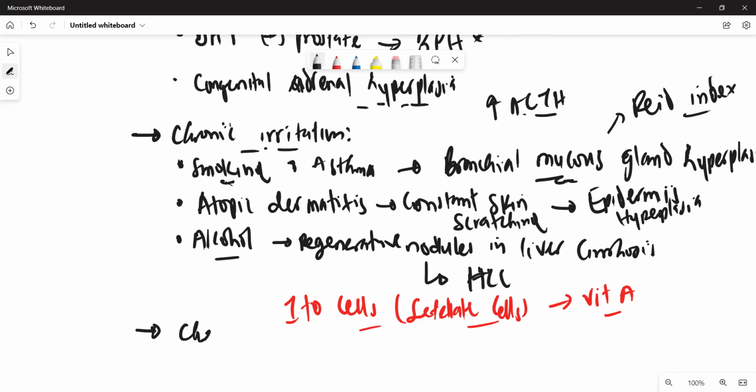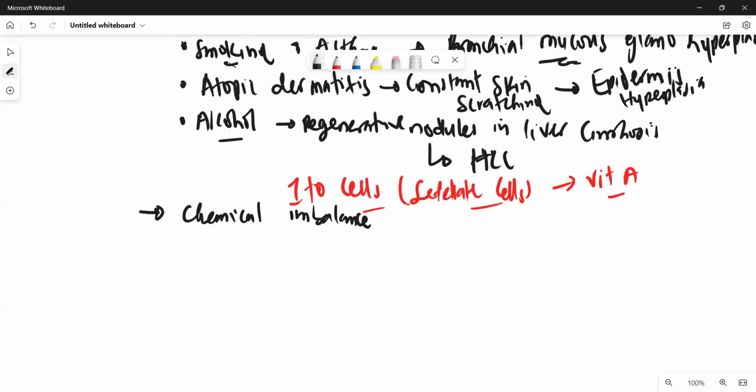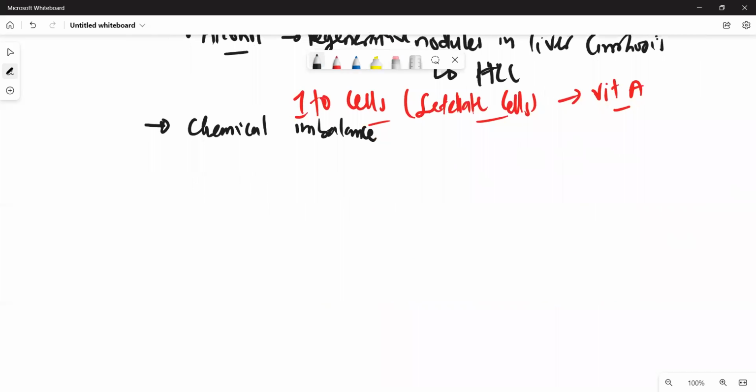The next one is chemical imbalance. Under chemical imbalance, an example is if somebody has things like hypocalcemia. So if the calcium is low, the body wants to try to increase the calcium back to normal, right?